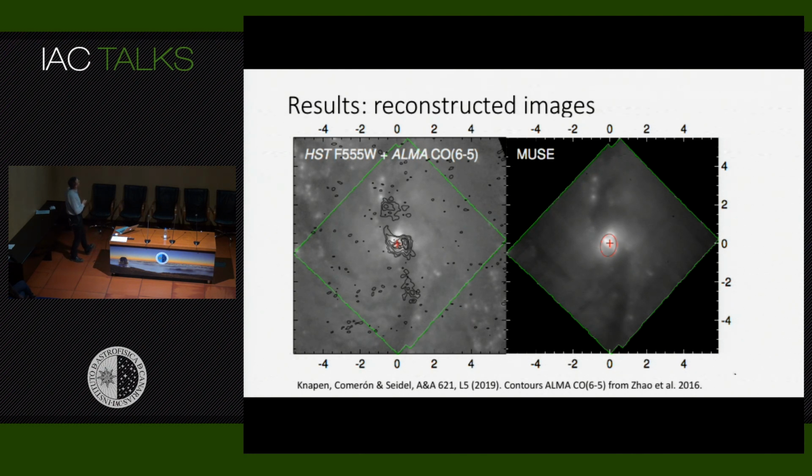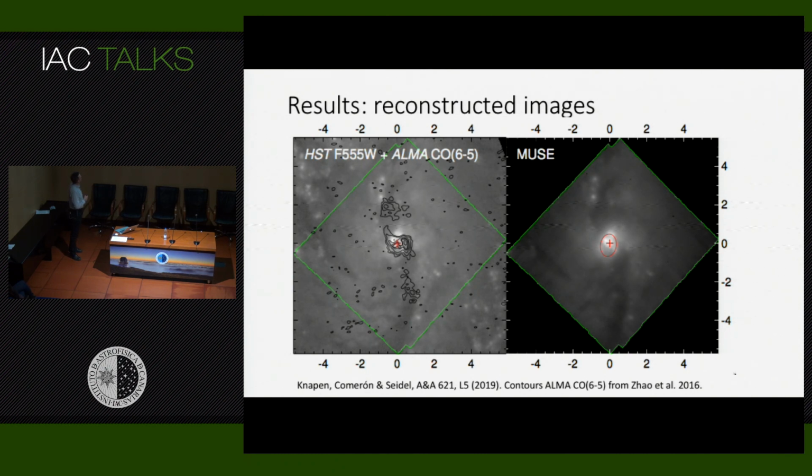This is the integrated image. So we reconstruct the image from all the spectra, just add them up in the spectral direction. And this here on the right is the image that we get with the center there, and this little circle is where we think the circumnuclear ring is. And this is compared to, on the left, the Hubble image that we got from the archive.